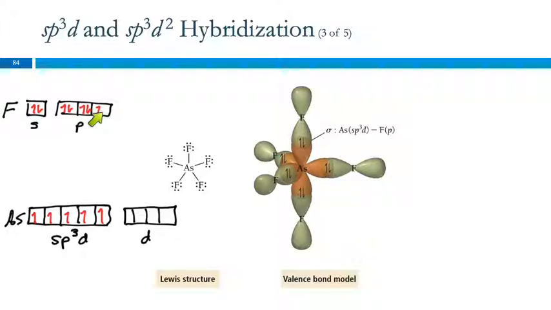So each fluorine has 1 half-filled orbital. It can overlap with one of these hybrid orbitals on the arsenic. So here's a fluorine, half-filled orbital overlapping with one of those sp3d orbitals. And here's another fluorine, and another, and another, and another. Any questions?